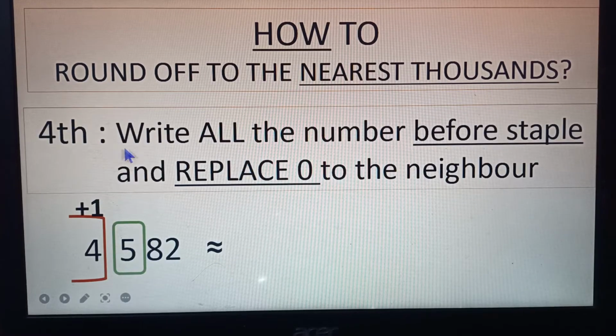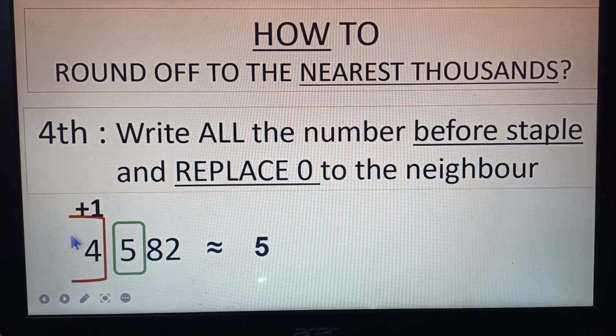Okay, last step. Fourth step. What should you do? You write all the numbers before the staple and replace the neighbor with 0. Write all the numbers before the staple, artinya sebelum staple, di depannya. So we add first. 1 plus 4 is 5. So itulah nombor di arah staple.